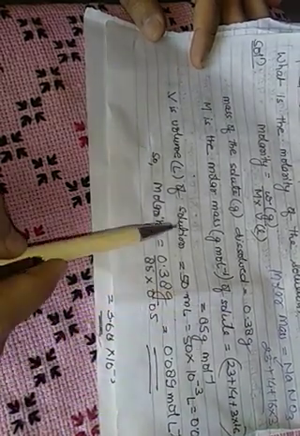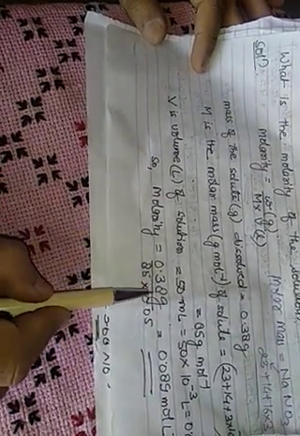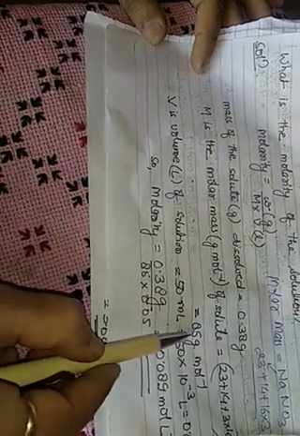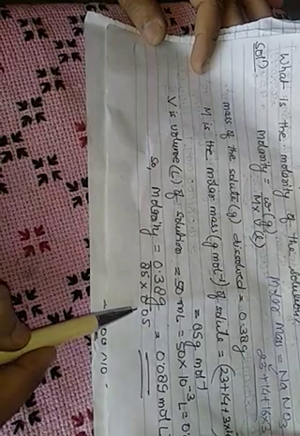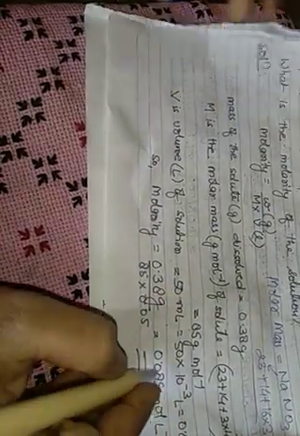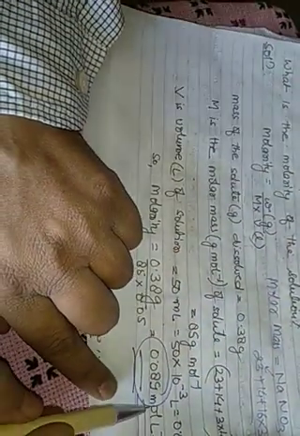Now we will put these values in the formula. Molarity will be equal to 0.38 gram upon 85 into 0.05, and we get the answer 0.089 mole liter inverse. This is the unit.